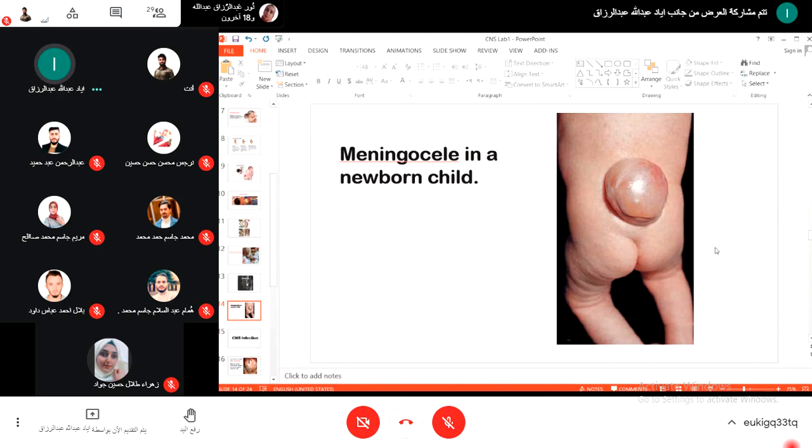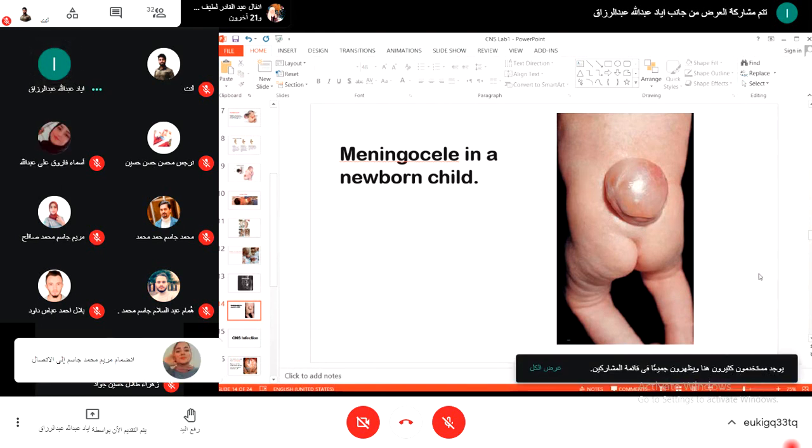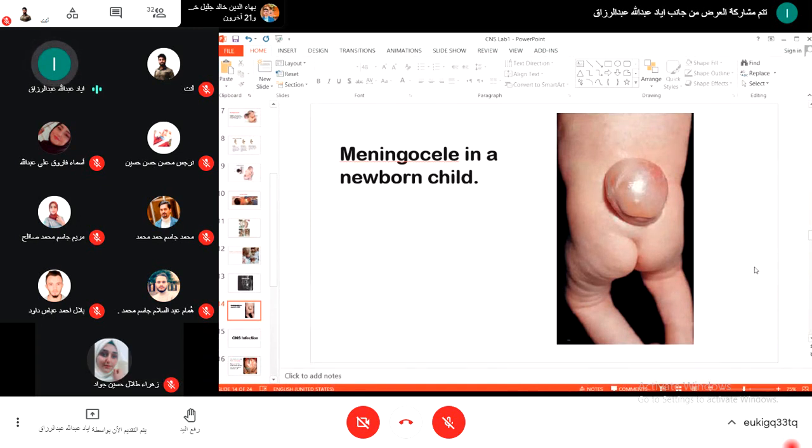Again, another picture. This is meningocele in a newborn child. This is spina bifida. Now that we have seen this many pictures of spina bifida and neural tube defects, the painful pictures, we are surely oriented about the importance of folic acid supplementation for pregnant women.